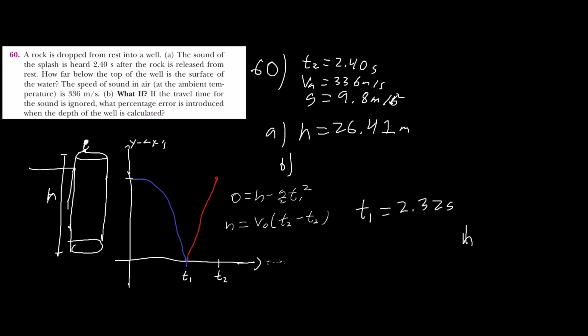Like, what would you calculate, and what error is that? So that's going to be the square root of 2h over g, the time if the sound travel were ignored. So let's find this. I pull that in there, and I got 2.32 seconds.